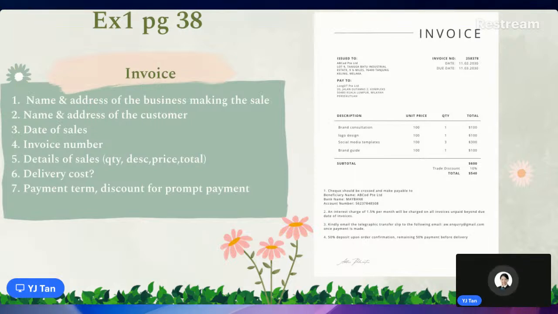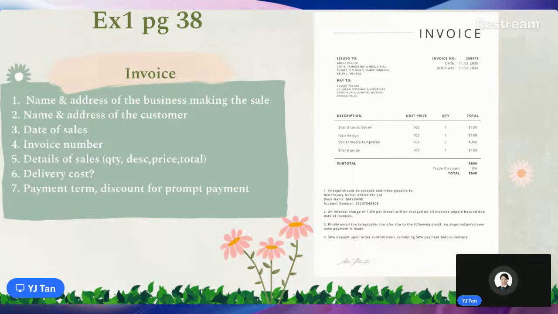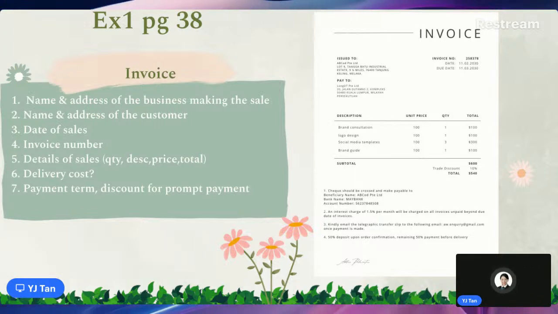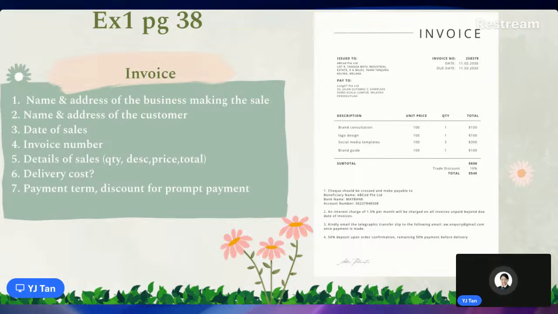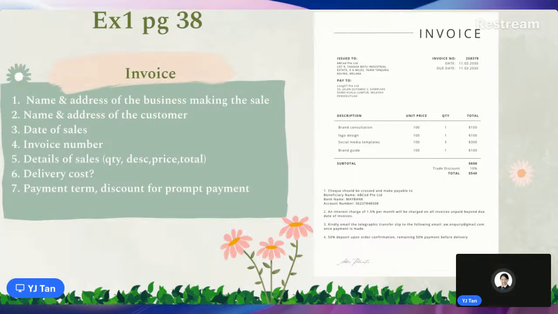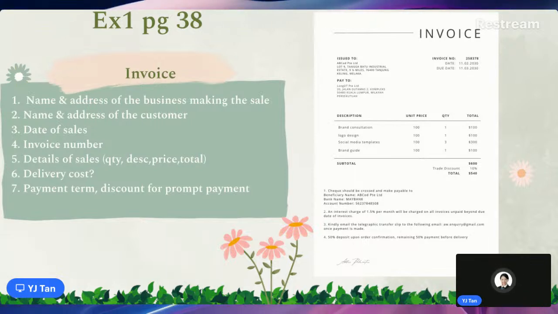There are many invoices in business that also indicate the payment information. For example, I want my customer to pay into this particular bank account. I will put inside the invoice: please pay to this company name with the bank name, maybe Singapore Bank or CMB Bank, etc., and also the account number.